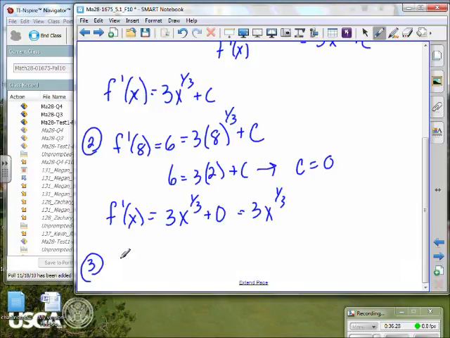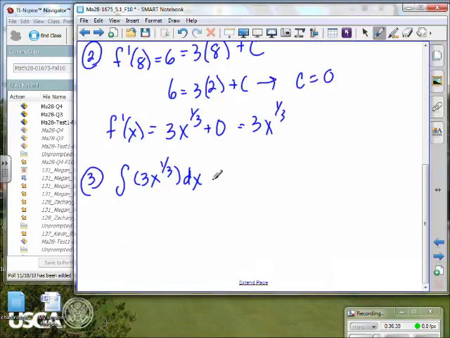How would I do that? Take the indefinite integral of my first derivative. Okay, so this is my first derivative, and when I get an answer from that, it is going to give me the function.